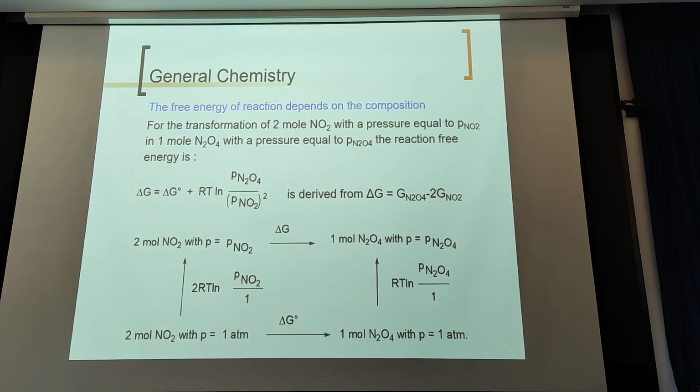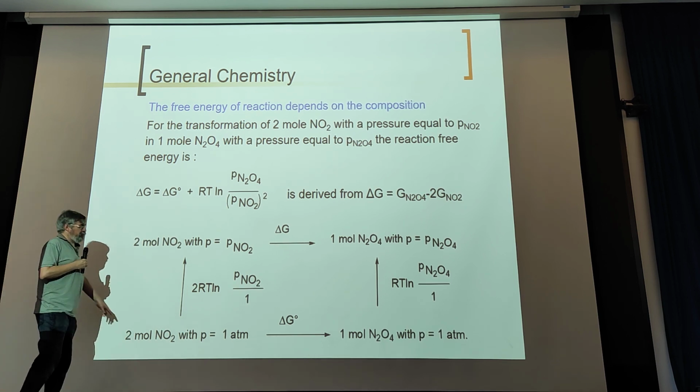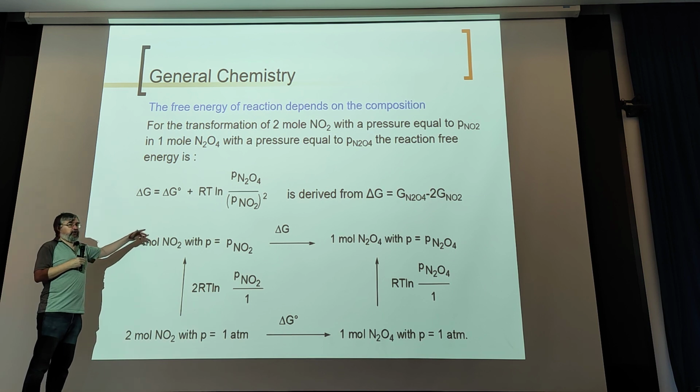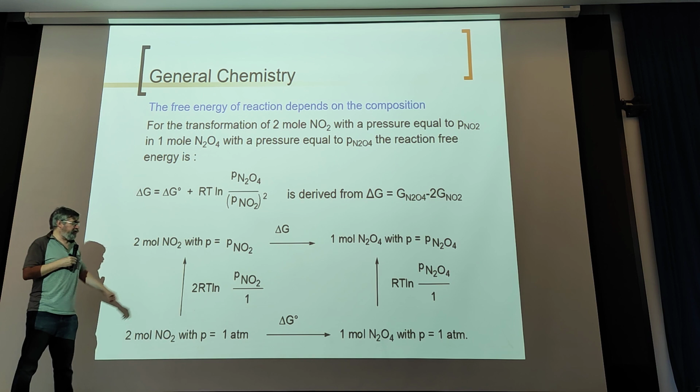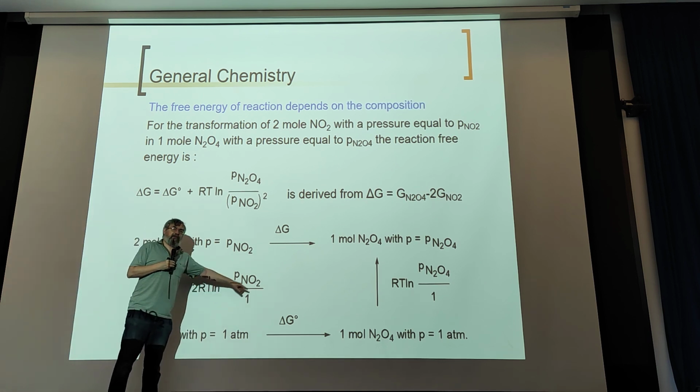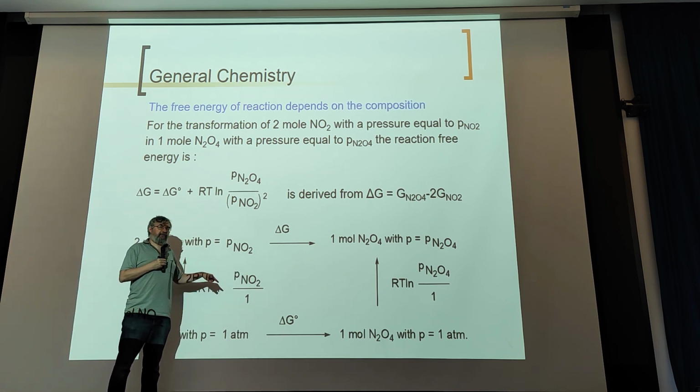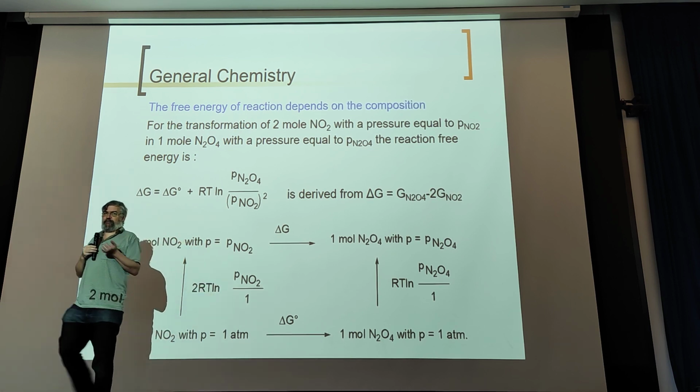This has a pressure, which is the partial pressure of NO2. So at 1 atmosphere, which is the standard condition, it could move to another pressure, which is not 1 atmosphere. This is the factor then that we need to add to go from the standard pressure to whatever pressure it is.